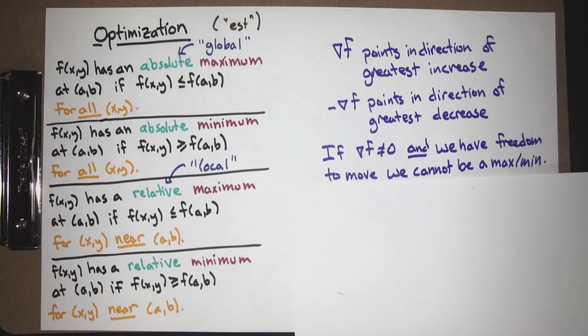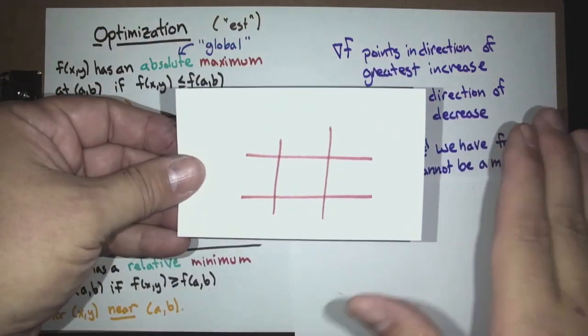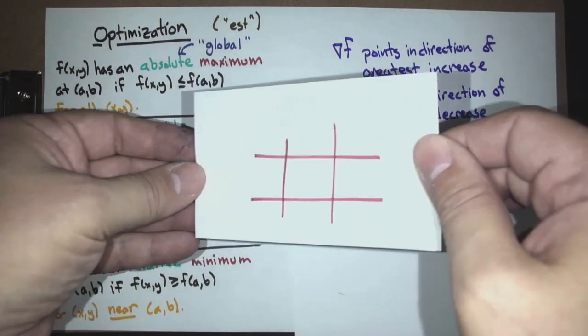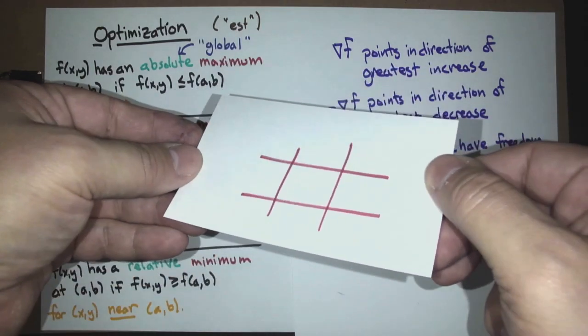Here's an observation. Gradient equals 0 means that you're flat. If the gradient isn't 0, it means you're tilted one way or the other, or some combination.